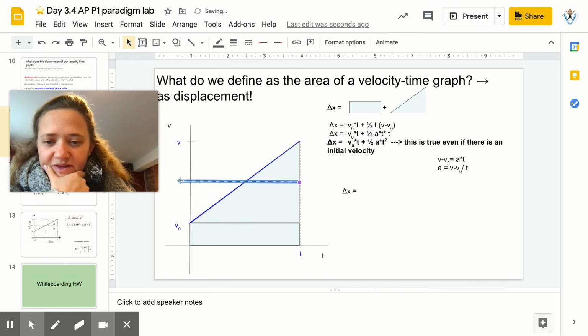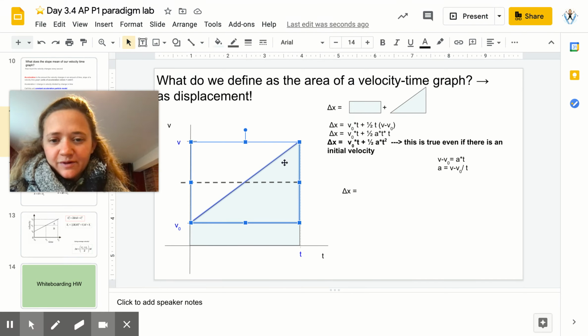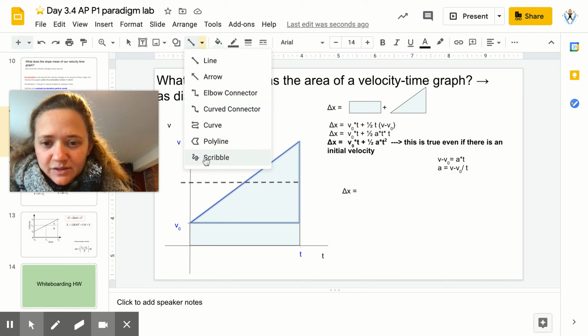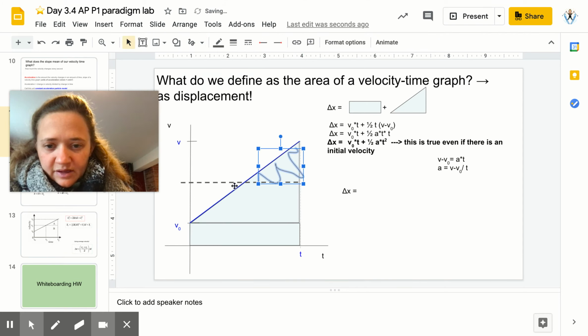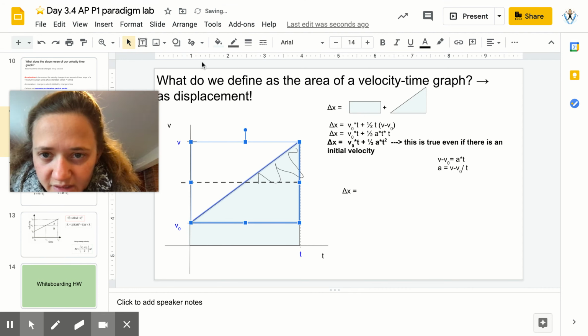So we've got this value in between v naught and v, maybe like the average value, where this area up here is equal to this area here.